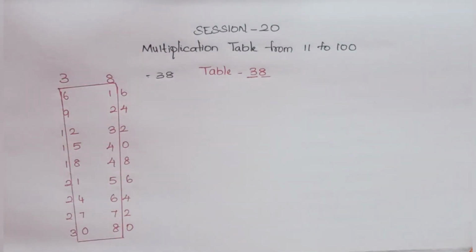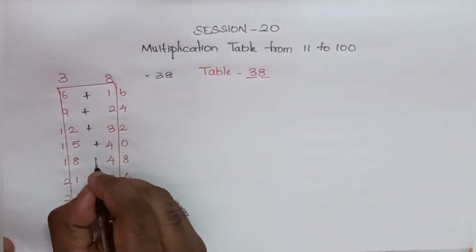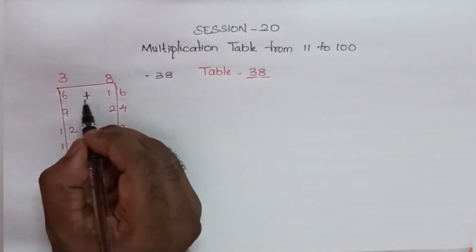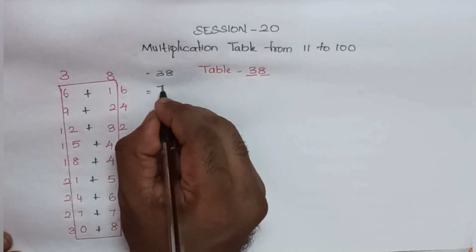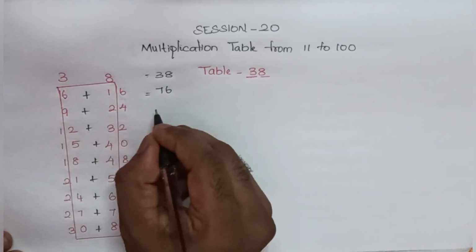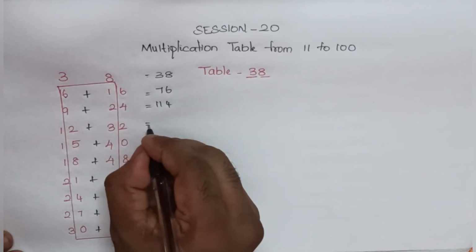You have to add the inner digits. So here 6 plus 1 is 7, 76. 9 plus 2 is 11, so it is 114.